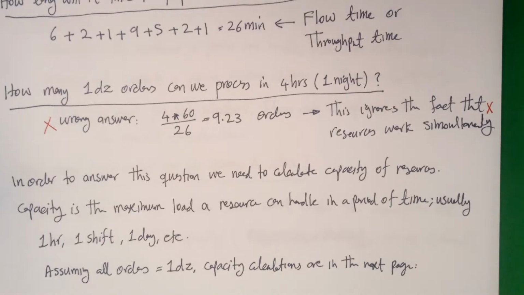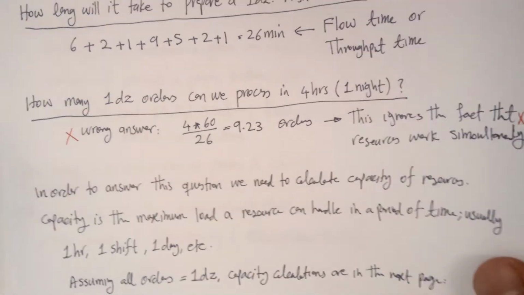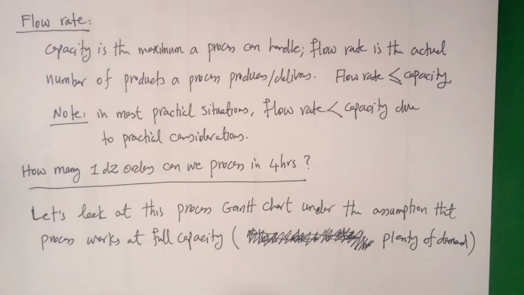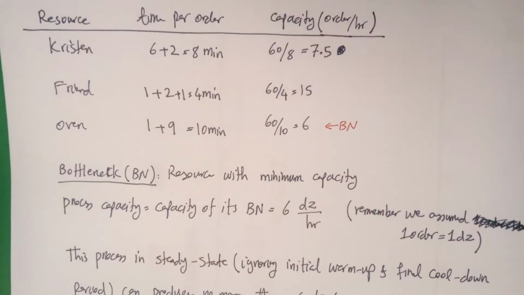In order to answer that question, we are going to first talk about the concept of capacity. Capacity is the maximum number of units a resource, a person, can produce or deliver in just 1 hour or in one shift. How do we find capacity? We are going to find capacity for resources.